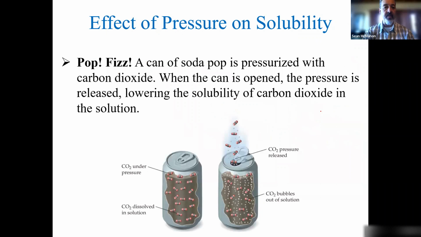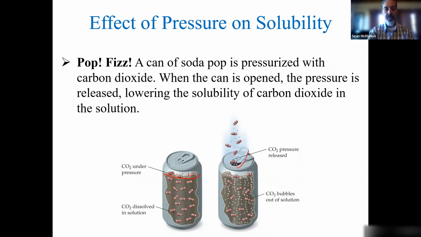Now, where do we see this? Soda pop, right? In a soda can, there's a space above the liquid, and that space has CO2 in it. So that creates pressure above the liquid that keeps the CO2 gas dissolved in the solvent, in the soda.